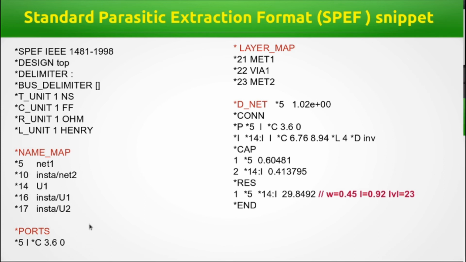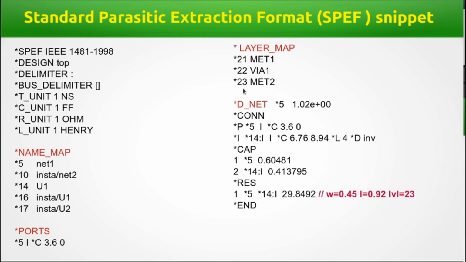There will be a port section. Ports means the ports of the design. Layer map will be there. This layer map comes from the technology also, because each layer in your layout will have a number, and correspondingly it will have a layer name. Like 21 is metal 1, 22 is via, and 23 is metal 2.